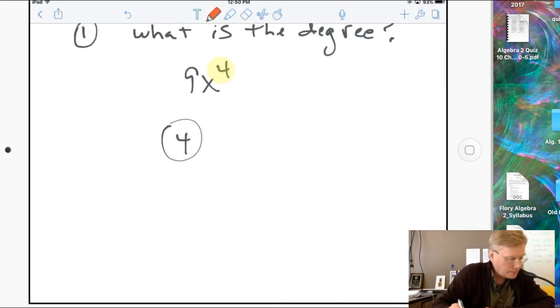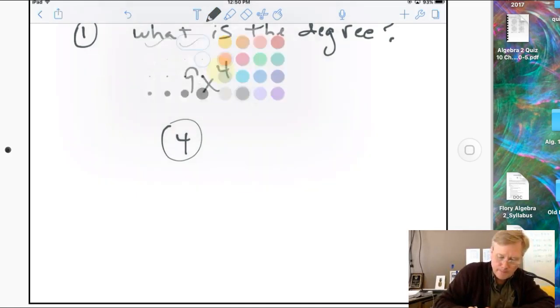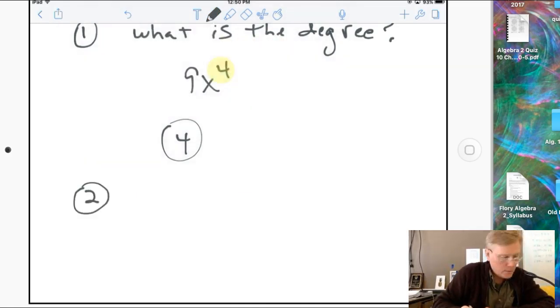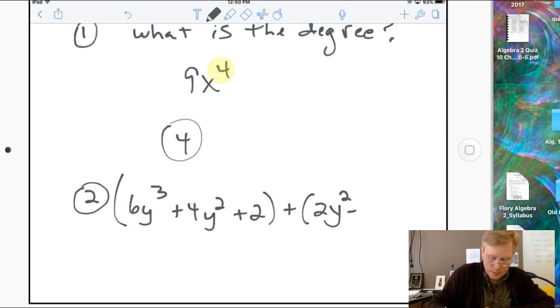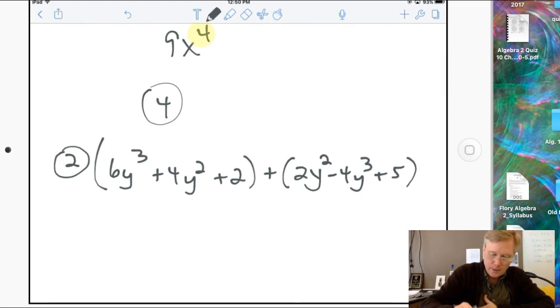Number 2, addition problem. If I have (6y to the third plus 4y squared plus 2) plus (2y squared minus 4y to the third plus 5). All right, so I'm adding here, and I'm going to combine like terms.